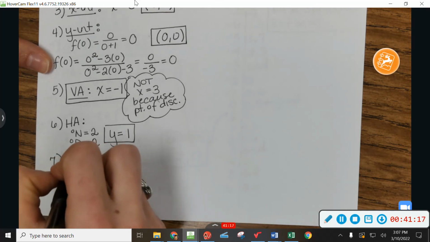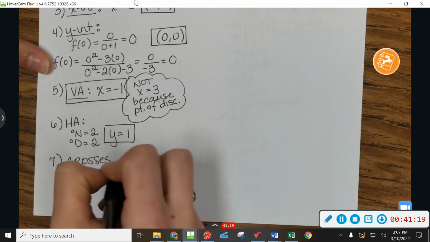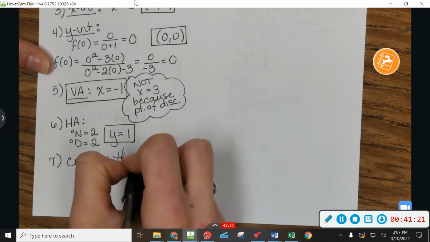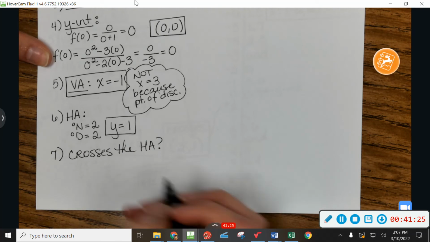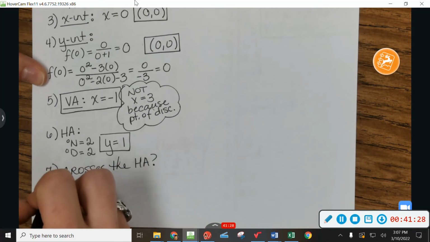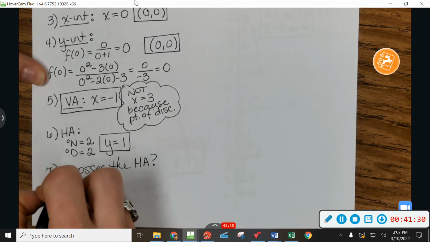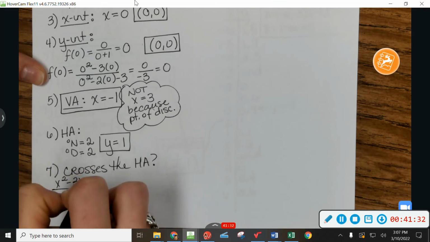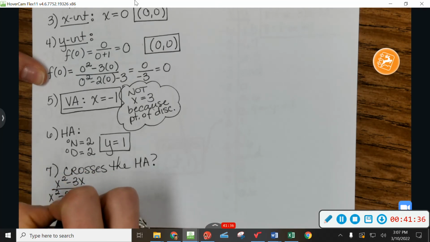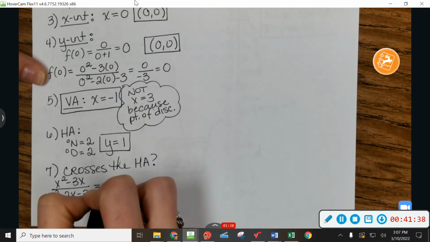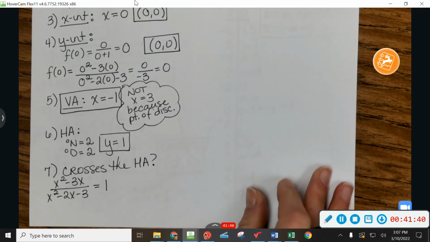So we're going to figure out, does it cross the horizontal asymptote? Well, I'm going to take my original x squared minus 3x over x squared minus 2x minus 3 and set that equal to my horizontal asymptote of 1.